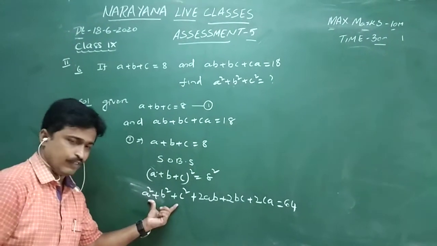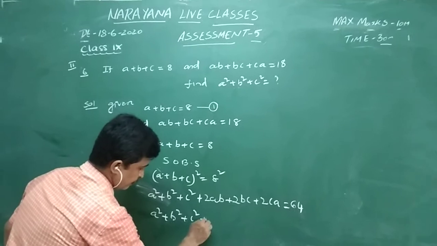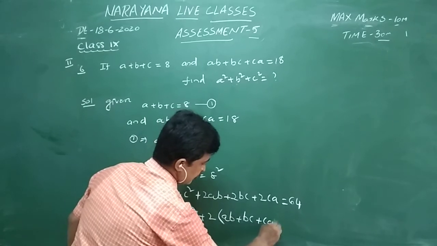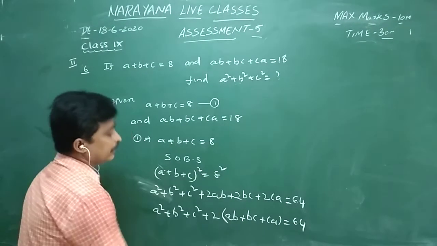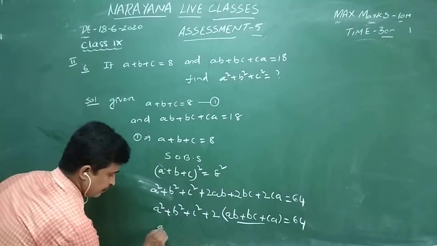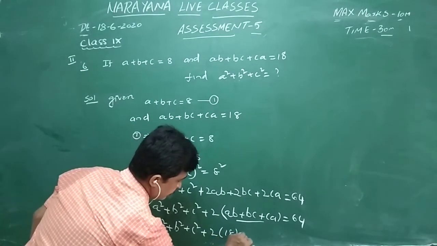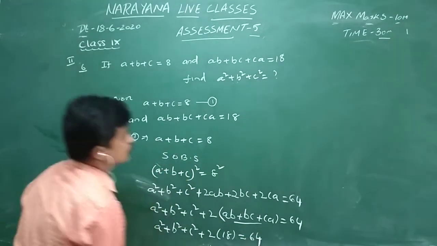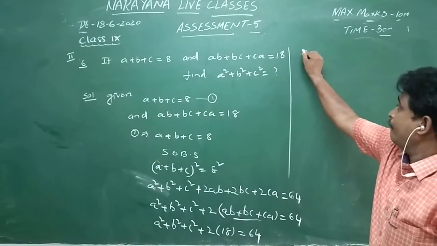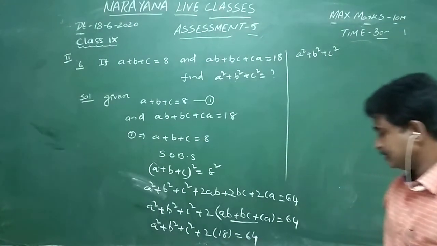So here we find this value. Therefore a square plus b square plus c square plus 2 times ab plus bc plus ca is equal to 64. Already this value is given in our problem, the value is equal to 18. Therefore a square plus b square plus c square plus 2 into 18 is equal to 64. 2 into 18 means 36.